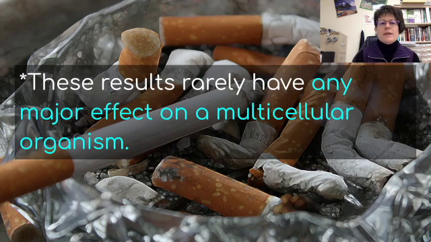These results rarely have any major effect on a multicellular organism unless there is, in the case of cancer, where it becomes out of control because the stop signal, remember at the end of proteins, there's that stop signal we talked about in the DNA chain. If that gets deleted and it gets out of control, then we can develop cancer.